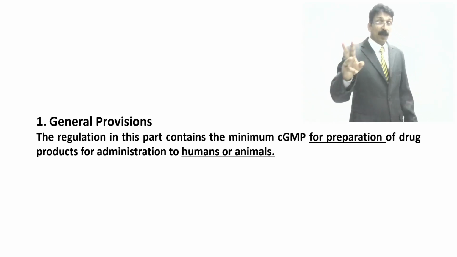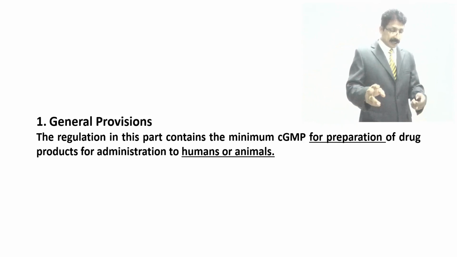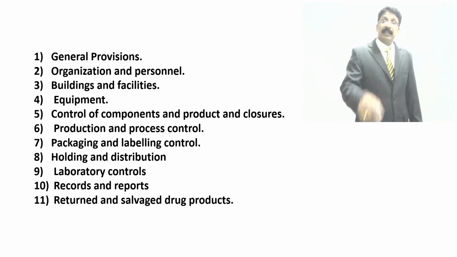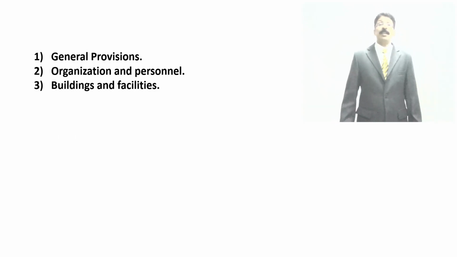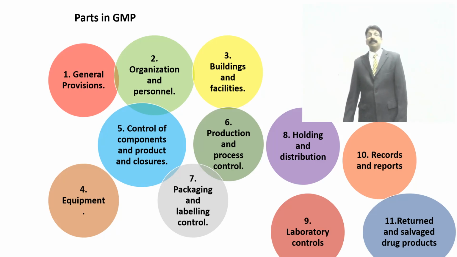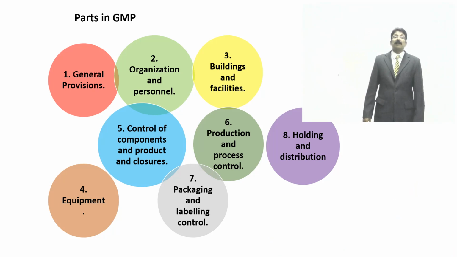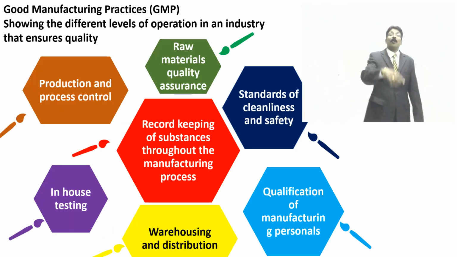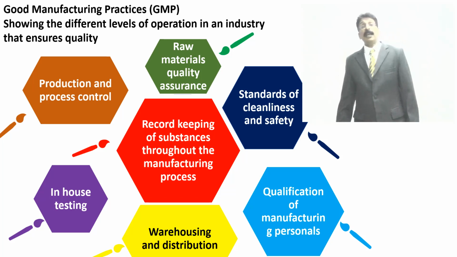As I have shown here, how many points are there? For example, you can see here there are 11. I showed all the 11 parts in good manufacturing process, even by color. And we have also seen this good manufacturing process at different levels of operation in industry.